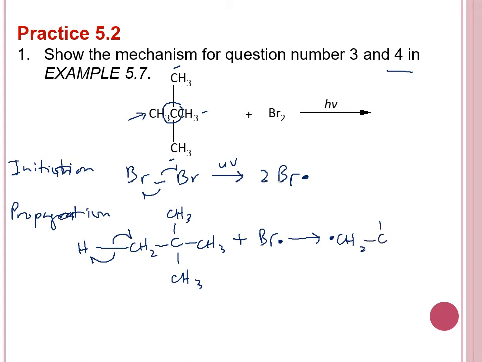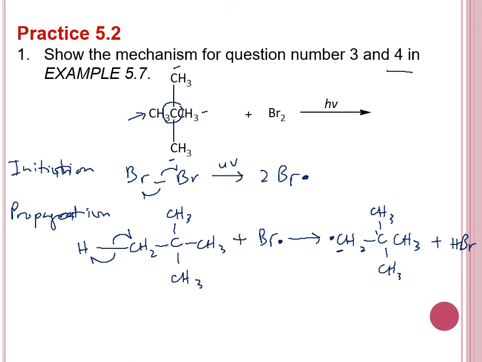Now the type of free radical is a primary free radical because this particular carbon is attached to only one carbon. So HBr would be the side product.